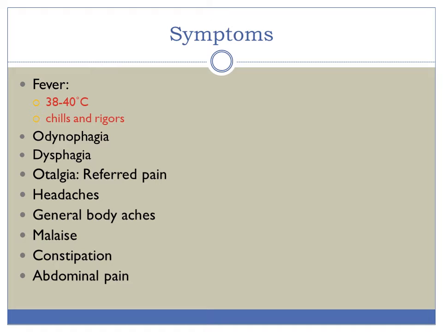Otalgia can also be one of the presenting features, which means that the patient will complain of earache even though the pathology is present in the throat. Patients might also complain of headaches, generalized body aches, malaise, constipation, and also abdominal pain.